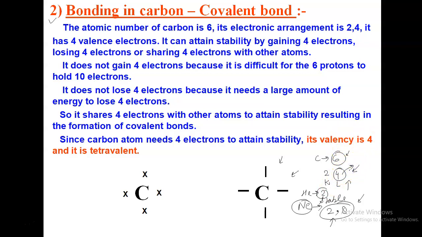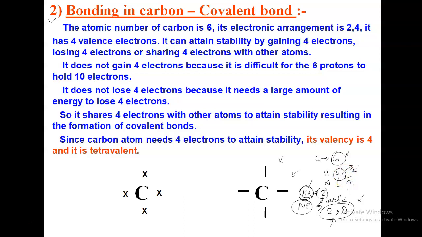To make carbon a stable element, either carbon can donate all its 4 electrons. It is not possible for carbon to donate all its 4 electrons. Why? If somebody asks you to make carbon stable like helium, can we donate all the 4 electrons present in the outermost shell of carbon? No, we cannot.